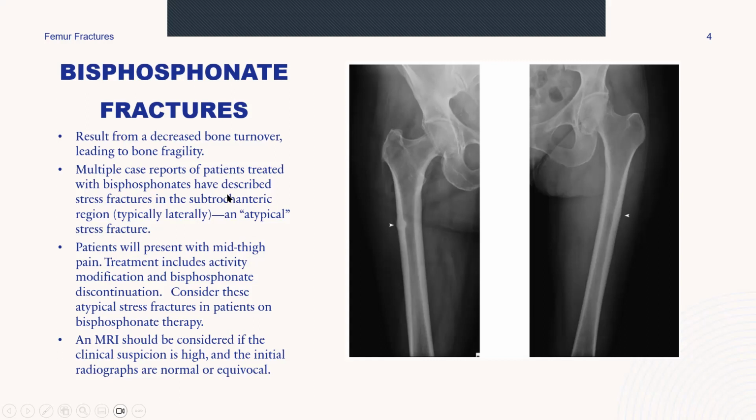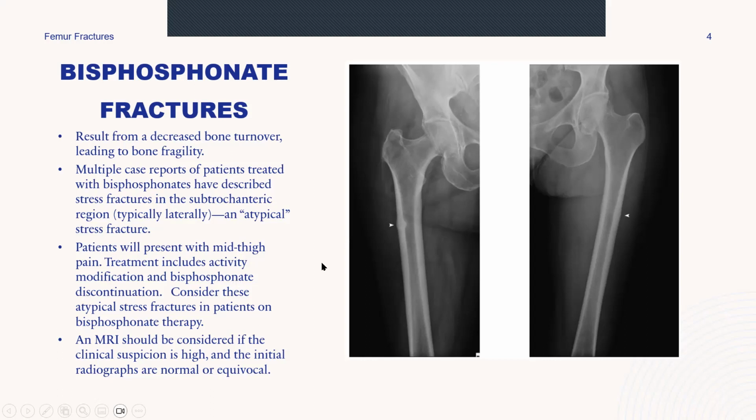Generally it's in patients who have this, in the subtrochanteric region, and it's something that we call an atypical stress fracture. It's typically lateral, as we can see, but very difficult to make out. You have to really look for it, and you really have to be sure that you have taken a good history and you know exactly what your patient is on. They present with mid-thigh pain.